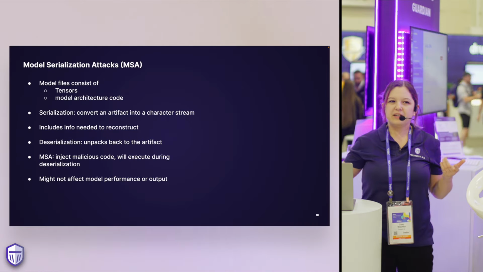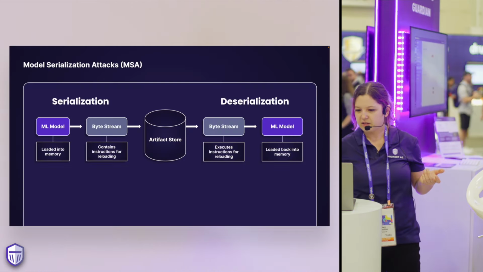And in many formats that translates to code, which means that an attacker can inject malicious code into this. And that's just going to run automatically when you go to deserialize because the protocol thinks that that's all the information needed to deserialize. And the insidious part of this is that it might not affect the model behavior, like the output or the performance. So you might not even know that this has happened.